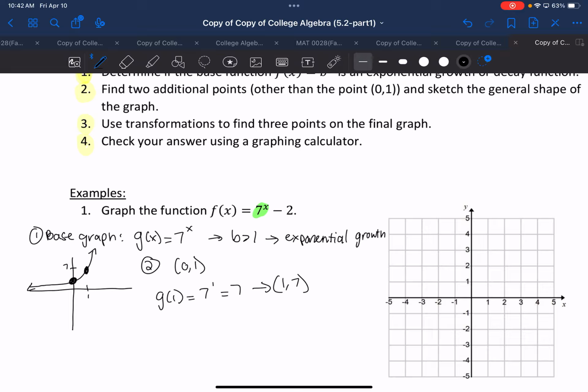Let's pretend like that's 7. And then if I plug in -1, this would be 7 to the -1 power, which is just 1 over 7. So that gave me the point (-1, 1/7).